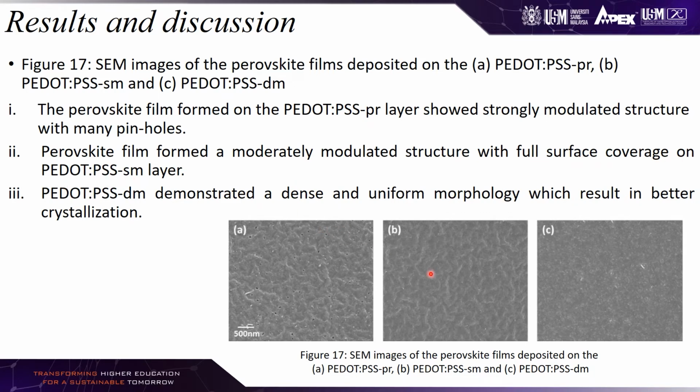So this is the image with PEDOT:PSS-SM. And the third one, PEDOT:PSS-DM, demonstrated a dense and uniform morphology, which results in better crystallization. So this image shows better crystallization compared to images A and B.